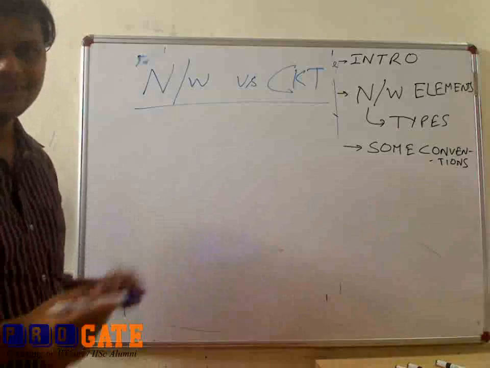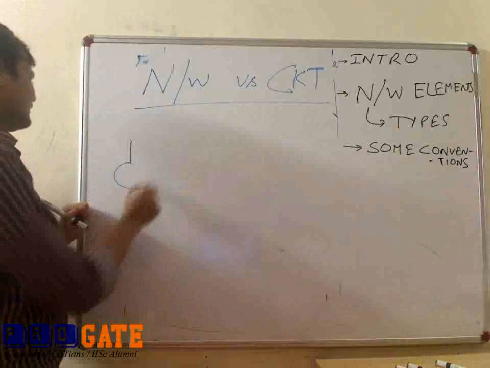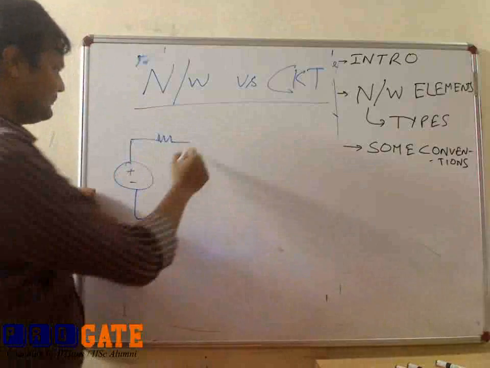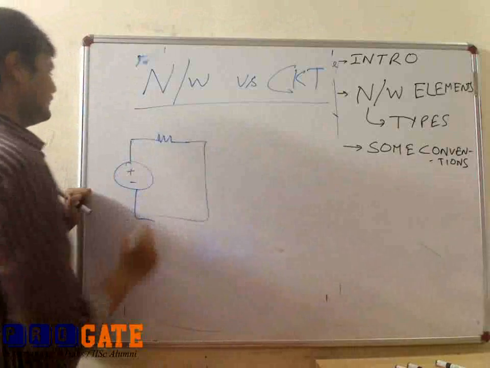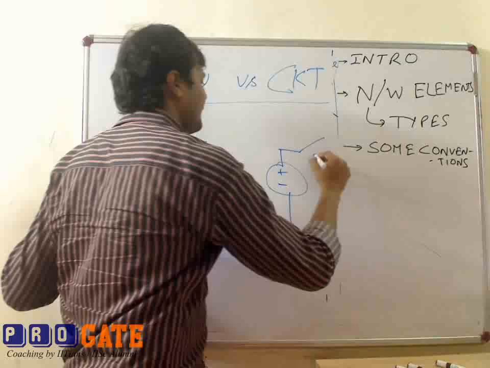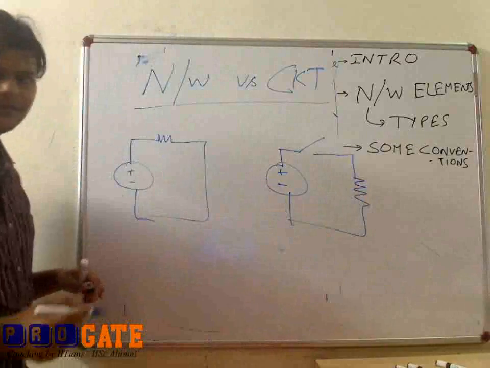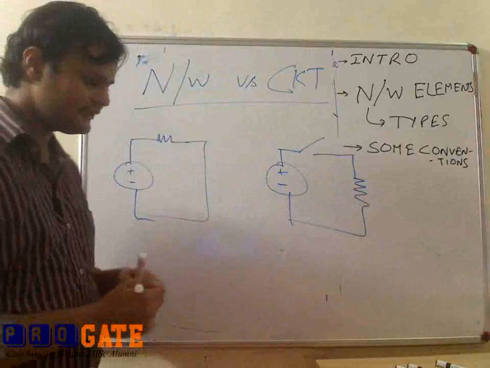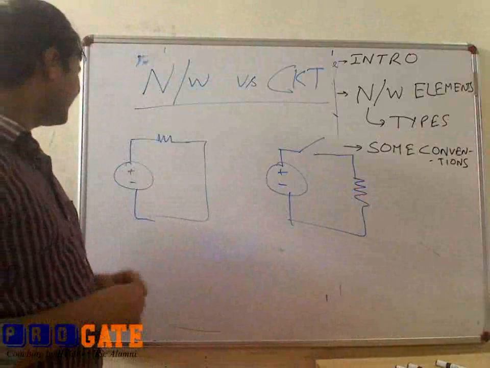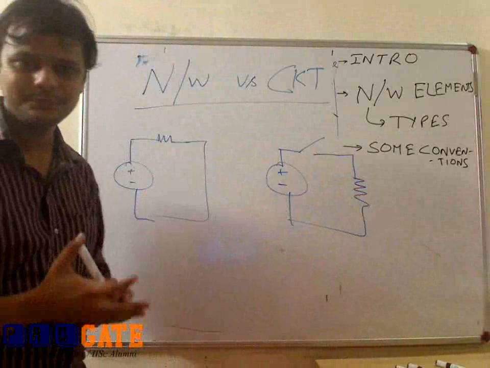And if you know, then tell me in this example which is a network and which is a circuit. These are the two circuits. So we have to tell which one is the network and which one is the circuit.